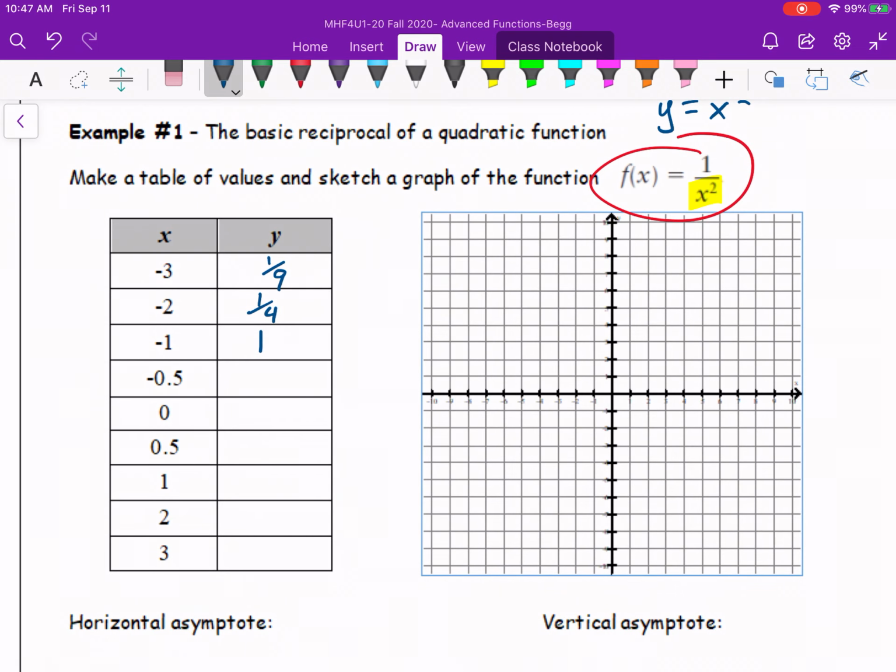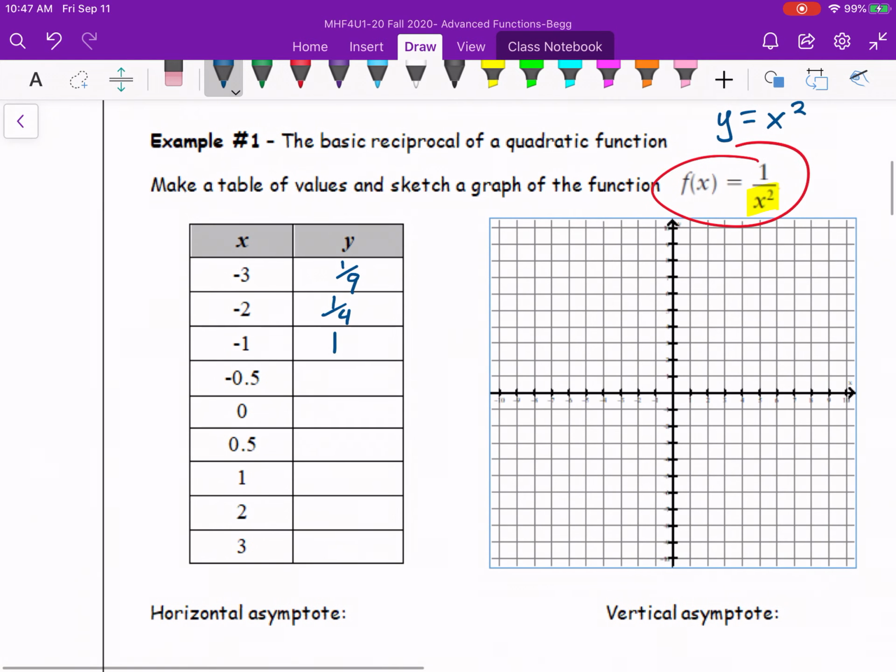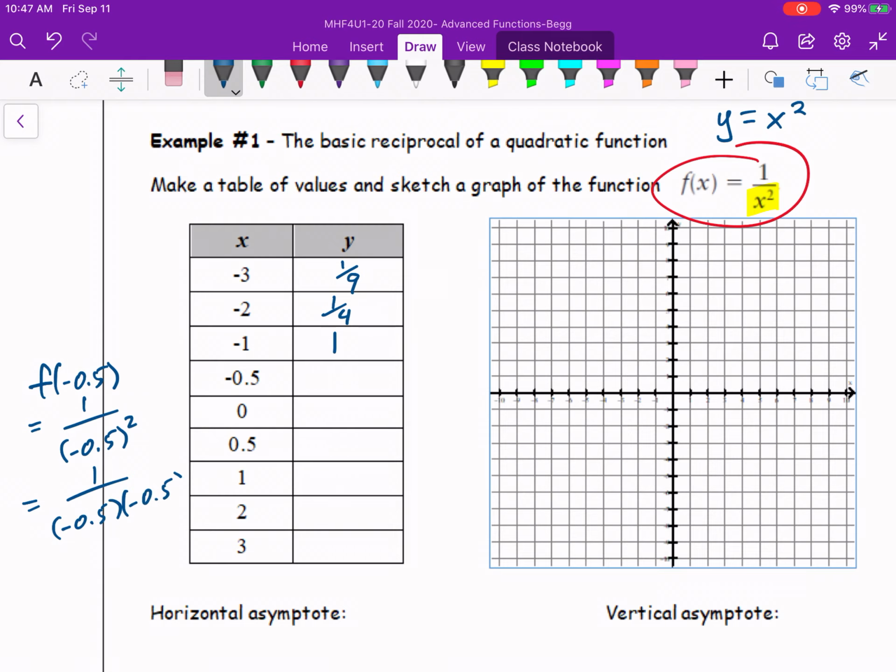Now, -1/2 squared, just so you can visualize it, remember, think about what we're doing. We're sticking -0.5 into the function, which means we're doing 1 over -0.5 squared, which means 1 over -0.5 times -0.5.